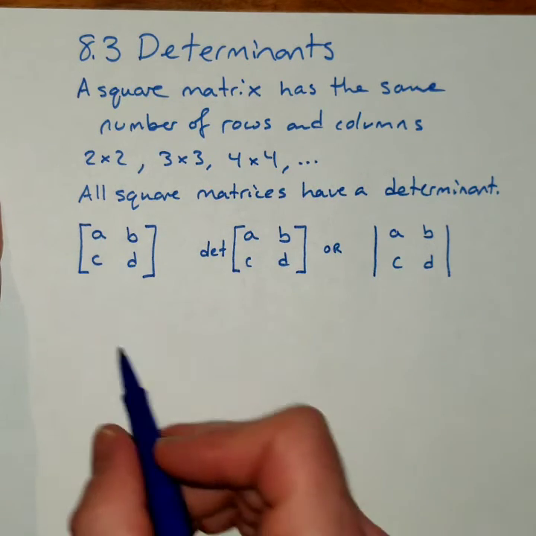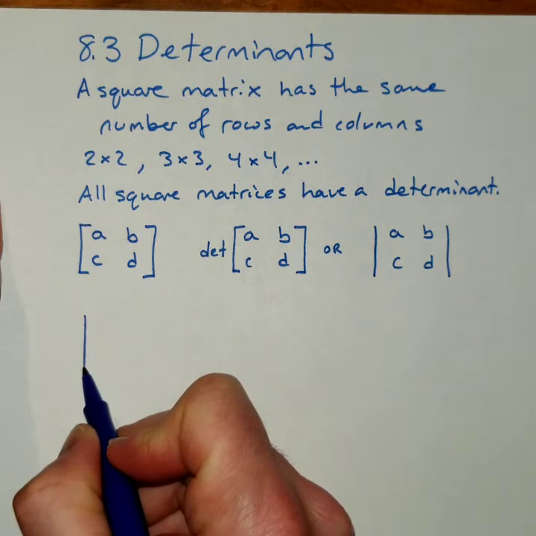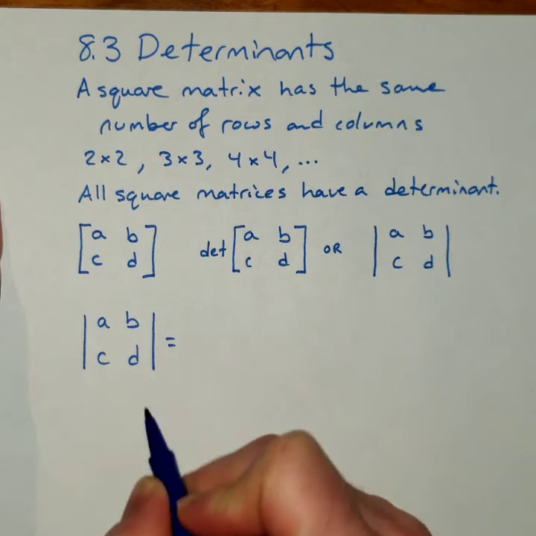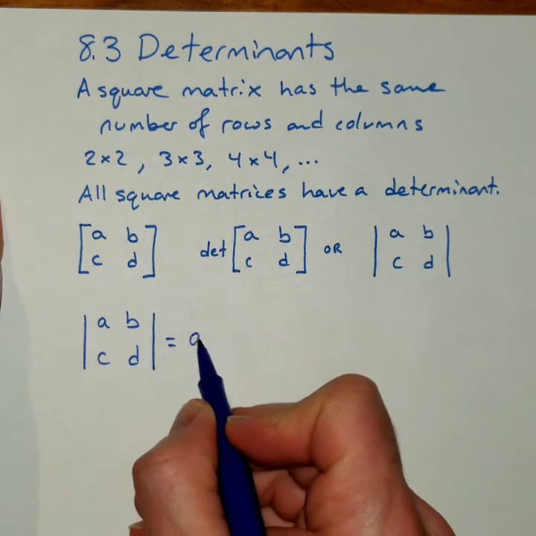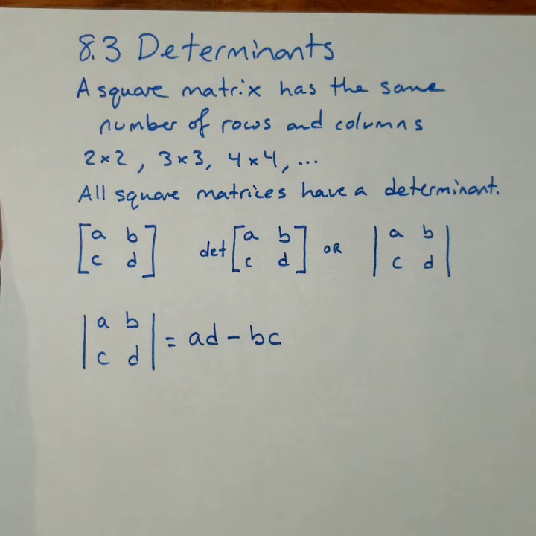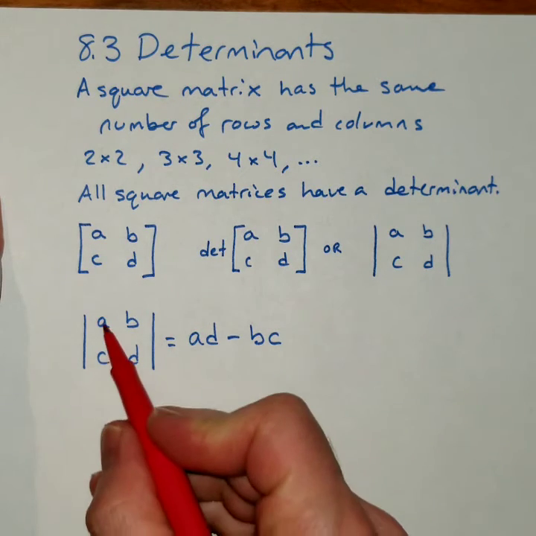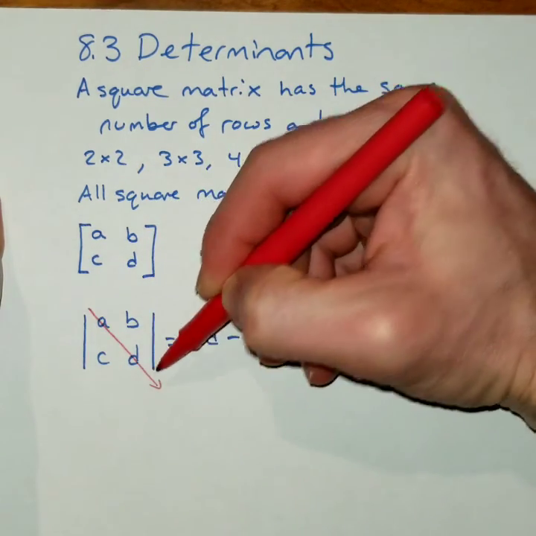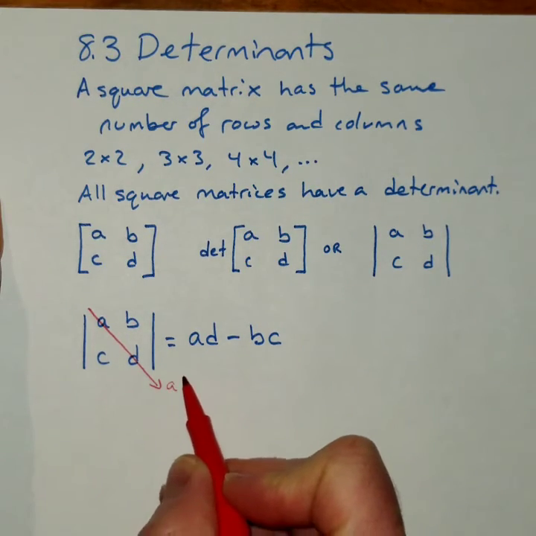So with a 2 by 2, the determinant of A, B, C, D is defined to be AD minus BC. It's just that combination of numbers. The way that I remember this is to multiply the diagonal numbers going down to the right, and you get the AD.